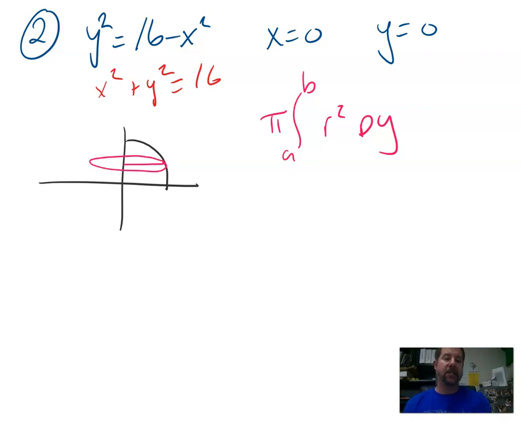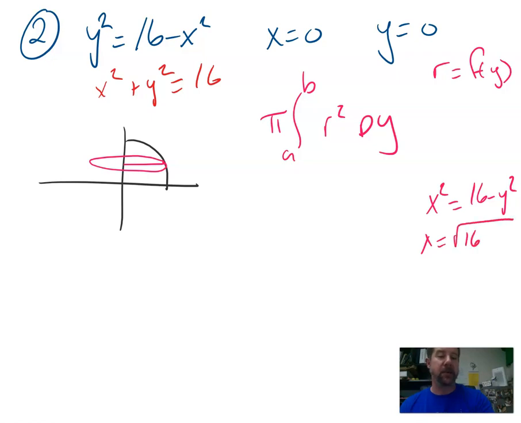And again, the r is the function, but it's in terms of y, f of y. So now I want to solve this equation for x. x squared equals 16 minus y squared, or x equals, again, plus or minus technically, but we're going to use the positive root.